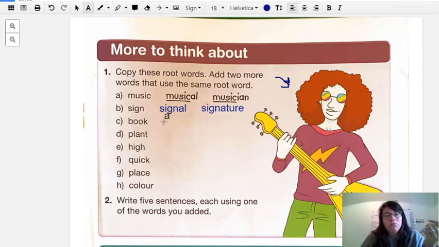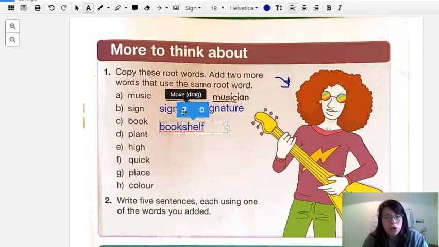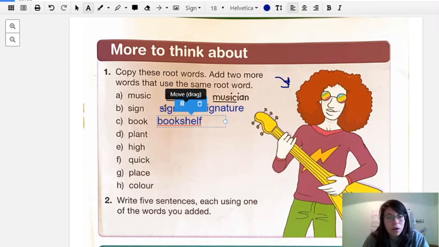Now book. I can give you one of these. Bookshelf. Now, I'm going to make this big because all this is really one word, and I don't want you to think that it's two words. Okay, so bookshelf is one word. There you go.